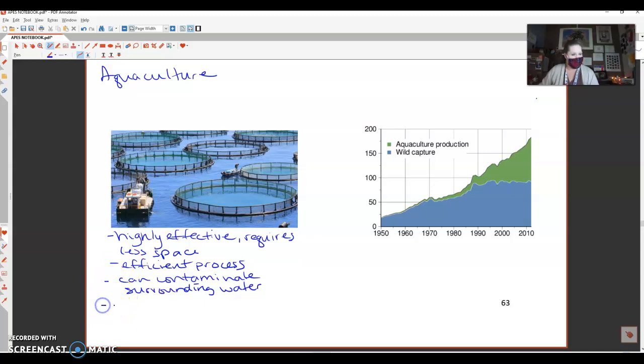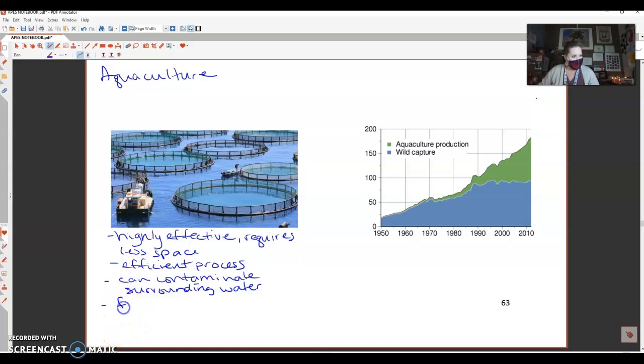Now, this may be funny, y'all, but there are fish that will jailbreak out of these little ponds. They're like, I don't want to be here, I got to escape. So they will literally jump out of these ponds. And because it's more of like a genetically modified organism, it can outcompete native fish species.